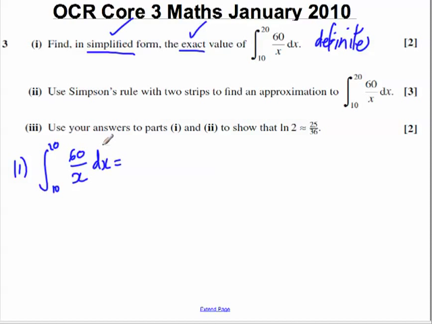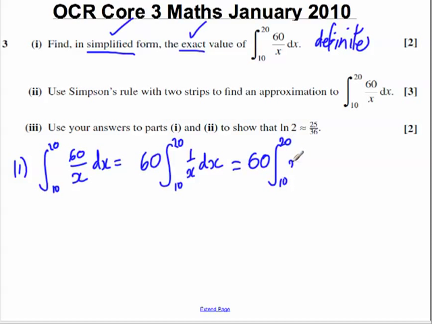Best to move this outside the integral, so that this is the same as 60 multiplied by the integral of 10 to 20 of 1 over x dx. Also nice to change your function into index form here. This would be 60, the integral between 10 and 20 of x to the minus 1 dx.